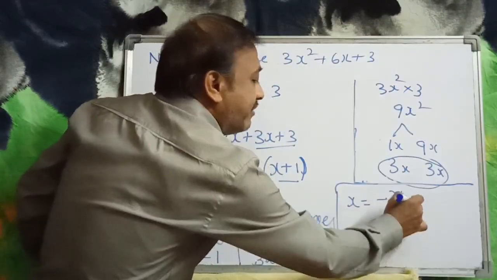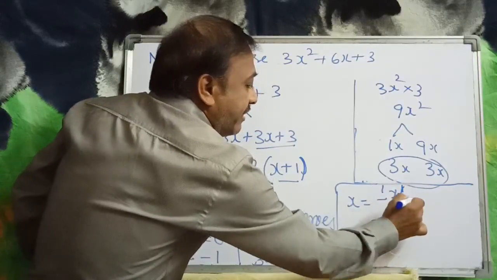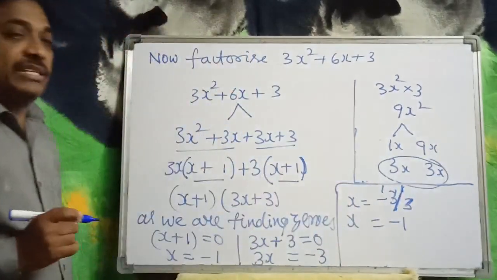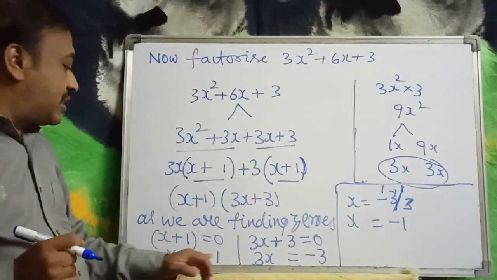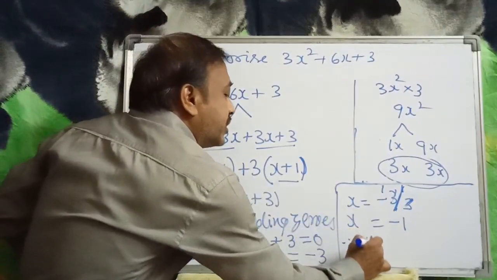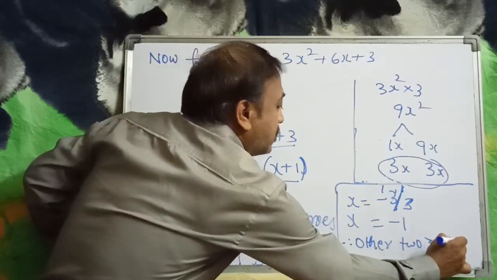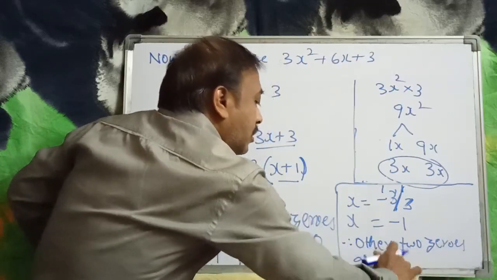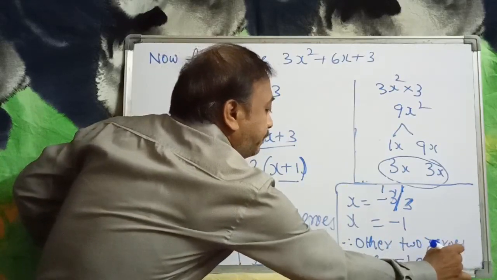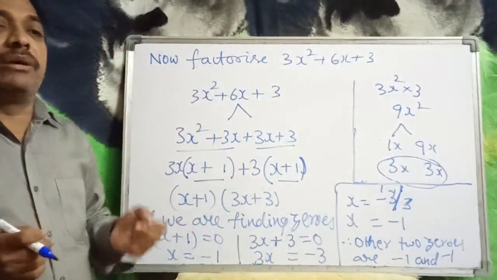The 3s cancel, minus 1 is left over, x is equal to minus 1. That means the other two zeros are minus 1 and minus 1. Therefore the other two zeros are minus 1 and minus 1, because the highest power, that is the degree of the given polynomial, is 4.